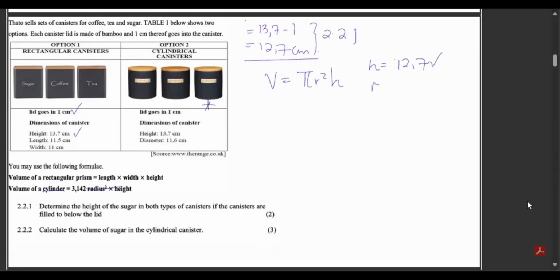So this is its height. Then what about the radius? Come here, check. When you check, do you have radius? No, you have diameter. What happens? We divide the diameter by 2. Pick your calculator there. And you get your answer 5,5.